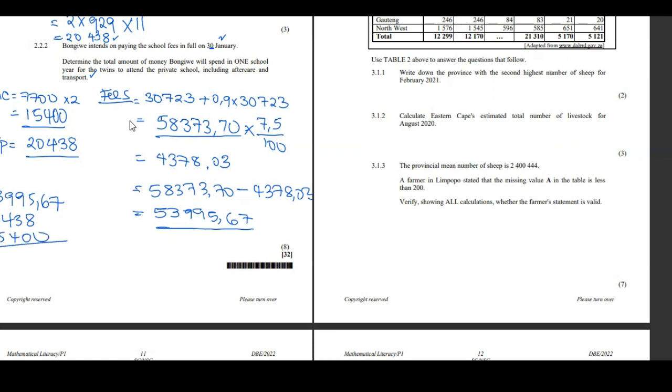Add everything up. So the person will end up paying 89,833 rands and 67 cents. That's what Bongi will end up paying.